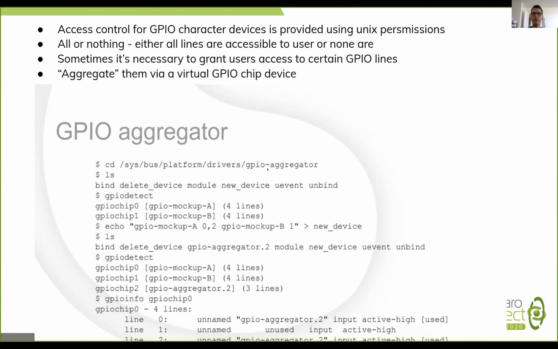So this is something that maybe we could talk about later when you're done with your slides, but I wanted to bring up the configfs for GPIO mockup that I'm working on. And I was thinking that maybe using sysfs for GPIO aggregator wasn't the best idea, because having learned more about configfs, I think it would be better to use configfs to instantiate the aggregated chips.